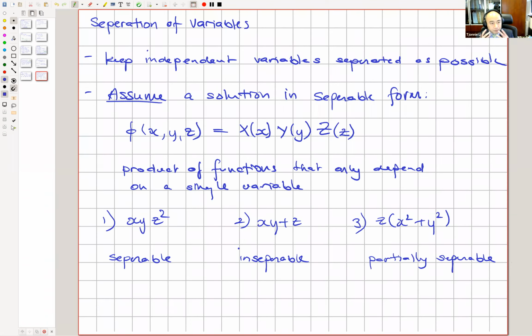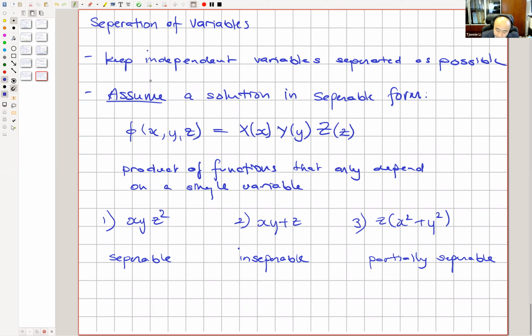Okay. That's why I started off with saying that this is an assumption. So if we can write the solution of this form, then as we'll see, we can actually derive solutions in a rather convenient way.